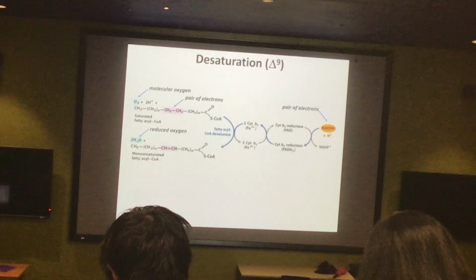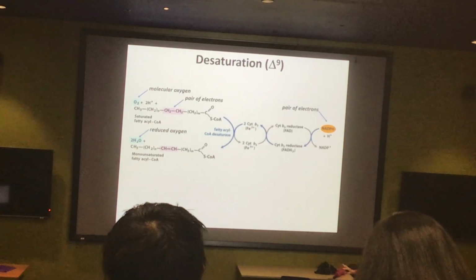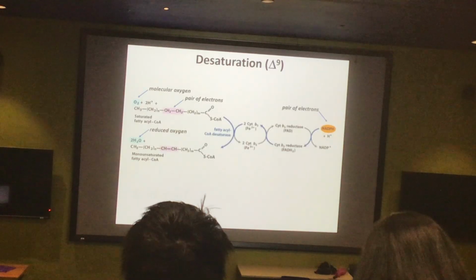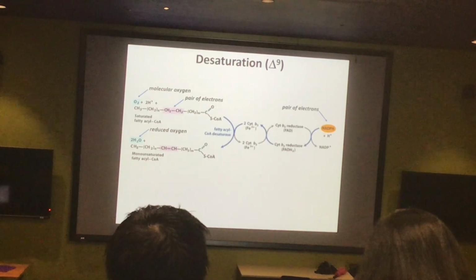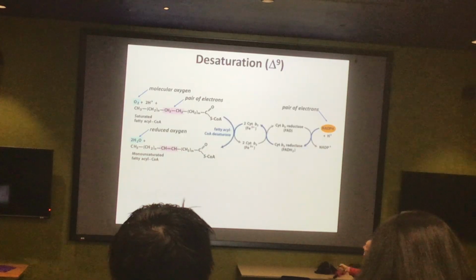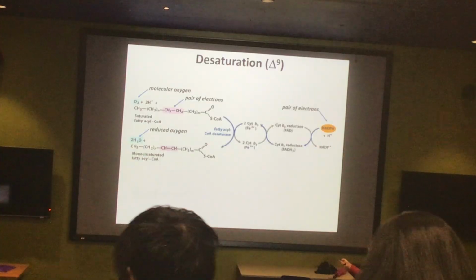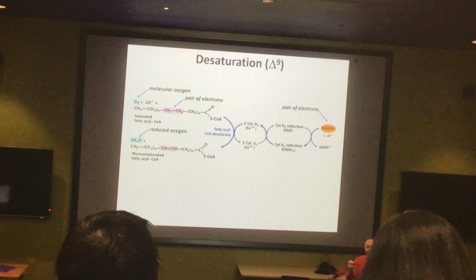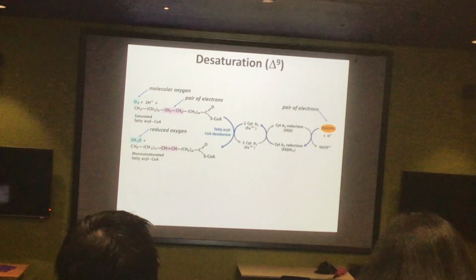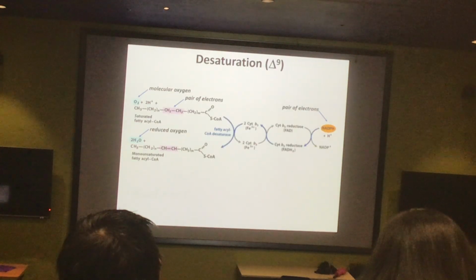There's not enough electrons. In our electron transport complex, that was accommodated by bringing in a second NADH. In the desaturase enzymes, the second set of electrons comes from the lipid. The lipid oxidizes, and passes those electrons onto the water. And that's why NADPH is the key cofactor for the desaturase enzymes.